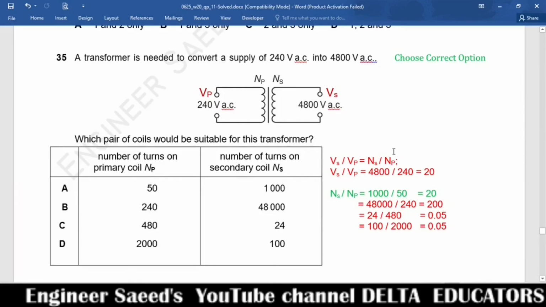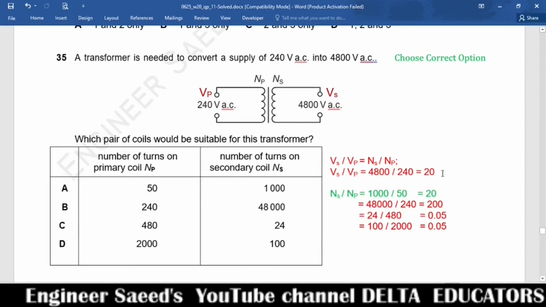So first we have to calculate the ratio Vs over Vp. Vs over Vp will be equal to 4800 divided by 240, which is equal to 20. So the ratio of the voltage on the secondary side and on the primary side is 20.